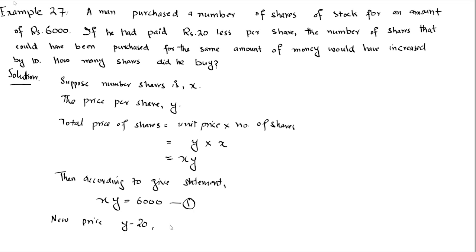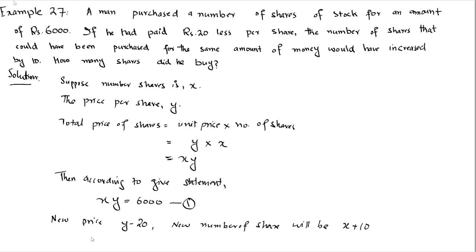The old number of shares is X. Then for the same amount of money, which is this 6,000, he will get 10 more shares. So the new number of shares will be X, the old, plus 10.